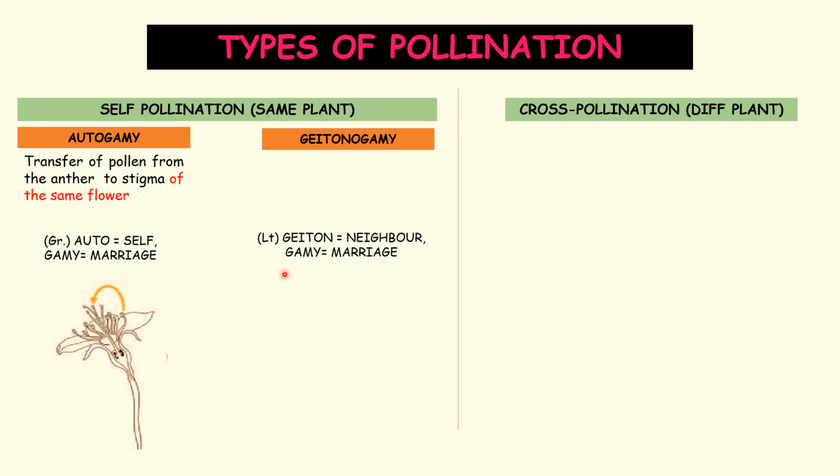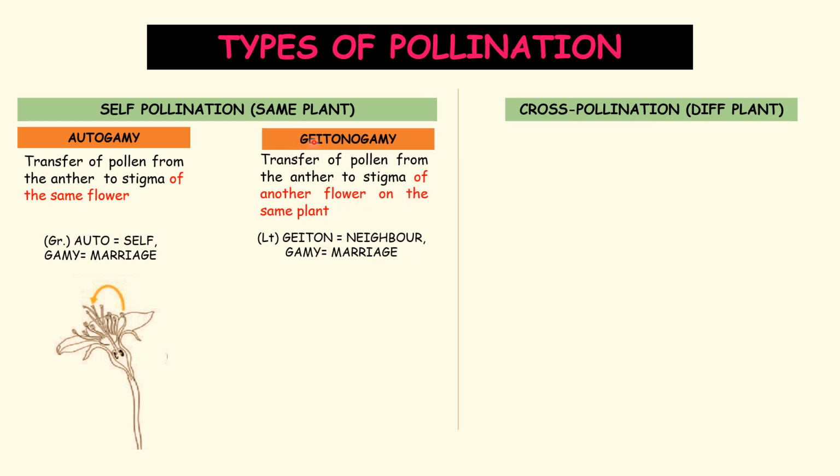Now coming to geitonogamy. This is a Latin word, geiton, which means neighbor, and gamy means marriage. So here again, the basic definition remains the same, that is transfer of pollen from anther to stigma, but the specific definition is that it is of another flower on the same plant.